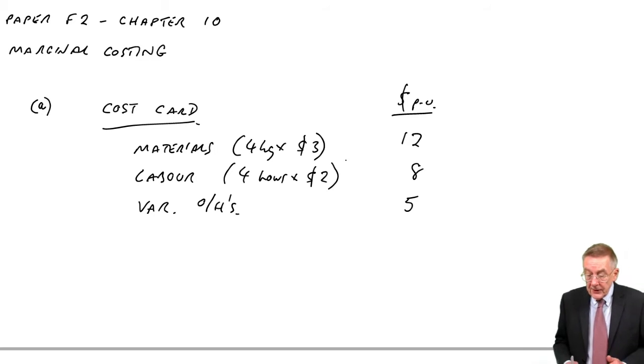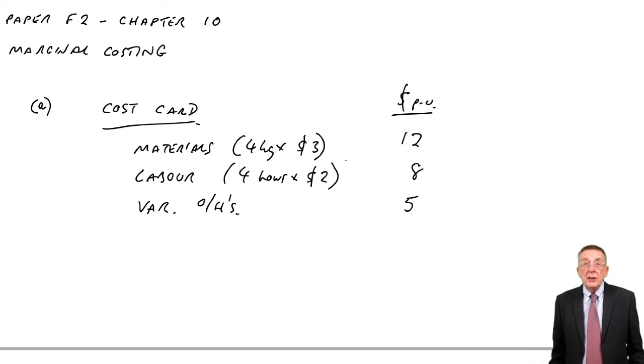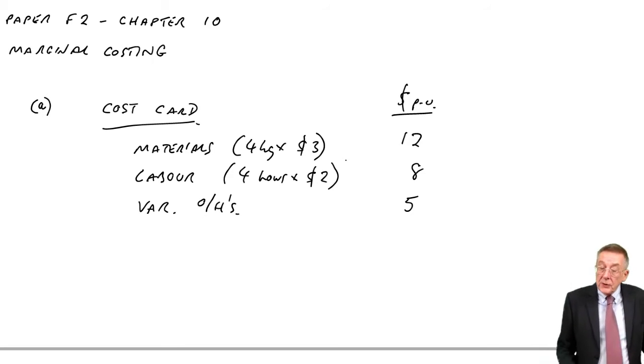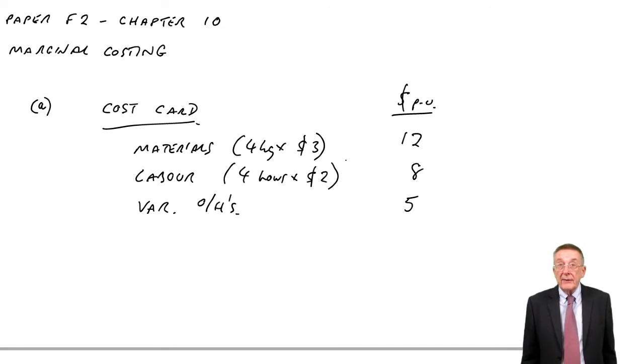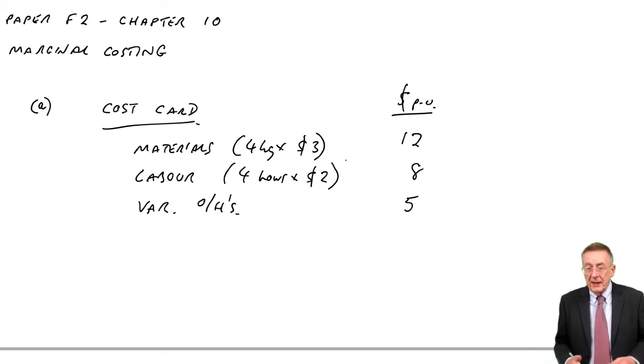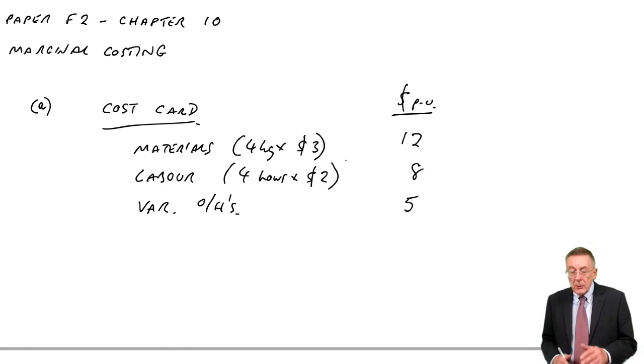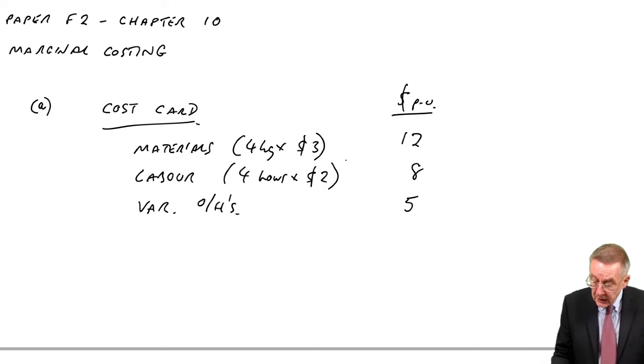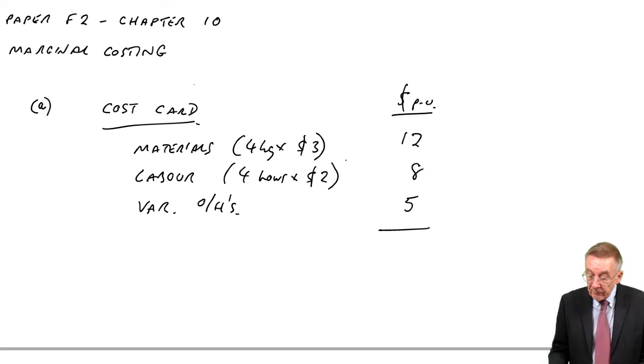When we did absorption costing, we also brought in the fixed overheads, but this time we're going to leave them out. We won't ignore them completely. Obviously, fixed overheads will affect our profit, but we're not going to absorb them, because that's where all the problems occurred. And so with marginal costing, our cost card stops there.